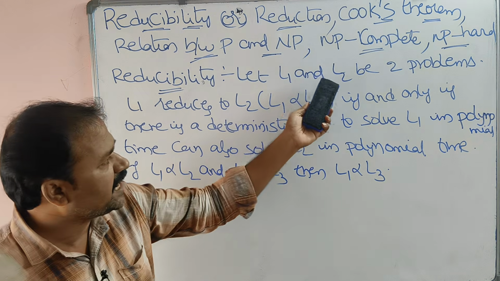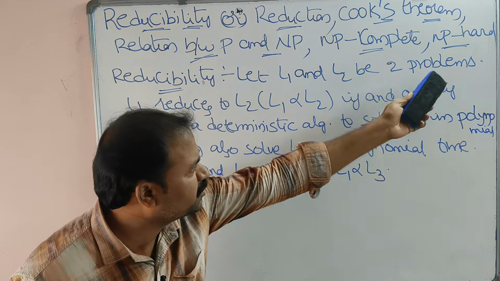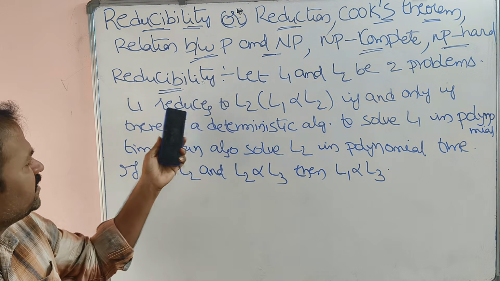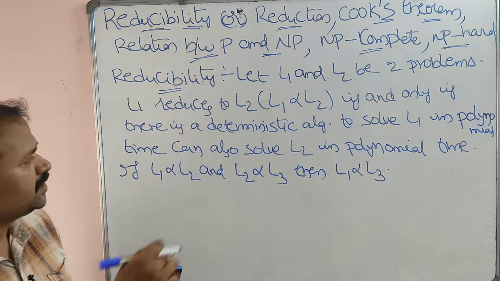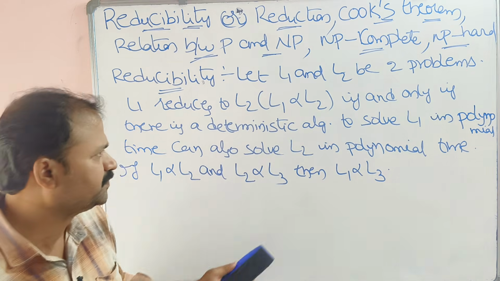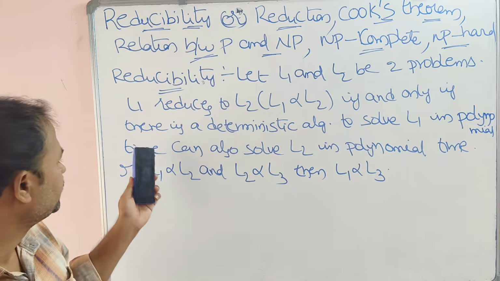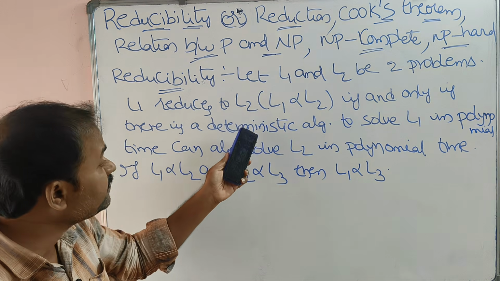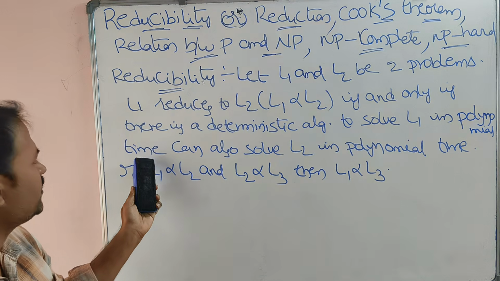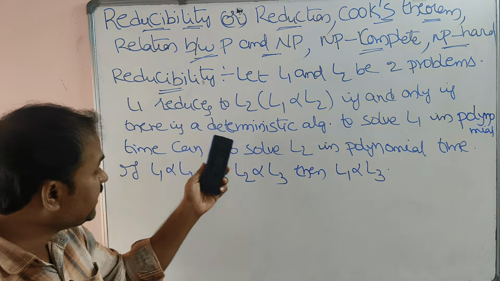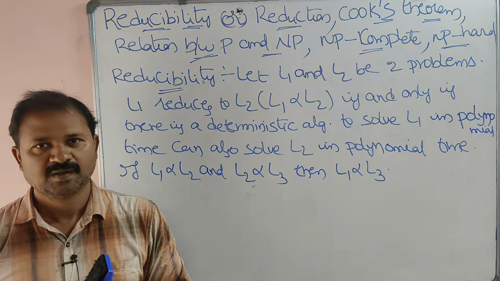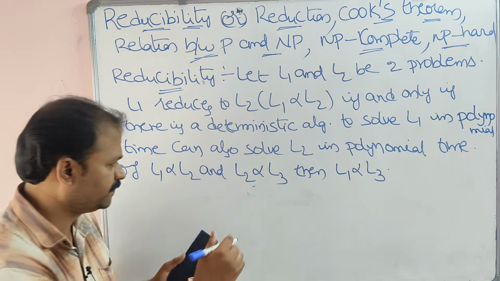Let L1 and L2 be two problems. We can say that L1 reduces to L2, denoted by L1 alpha L2, if and only if there is a deterministic algorithm to solve L1 in polynomial time that can also solve L2 in polynomial time. Here this is very simple.